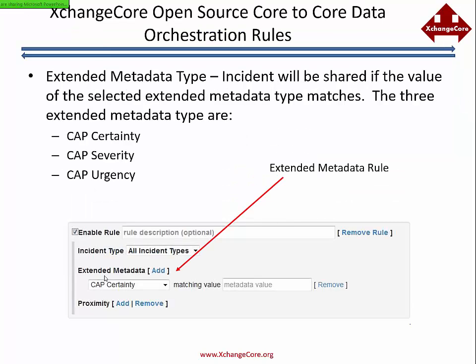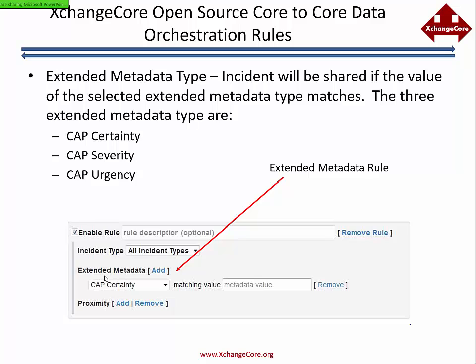The second category is extended metadata, and this uses all of the common alerting protocol levels of certainty, I guess I would call it. They refer to it as extended metadata. So you can have these new terms in there. Think of it as a status or an urgency level for the incident sharing.